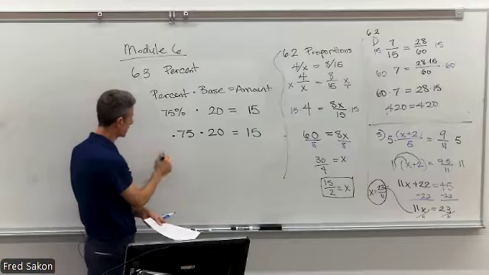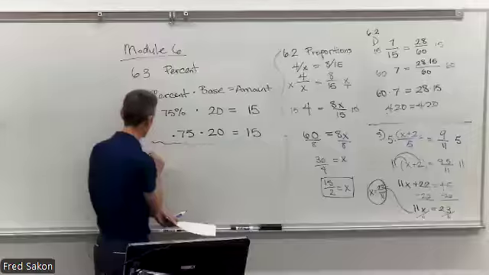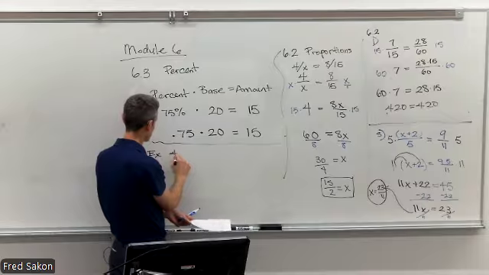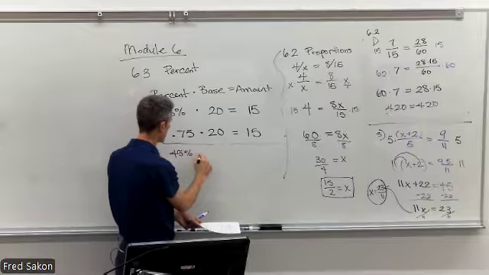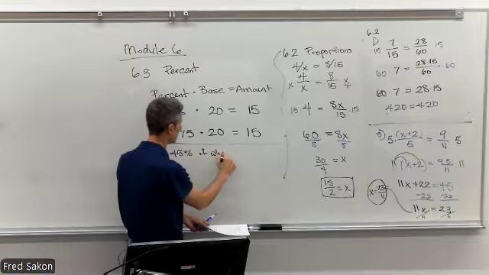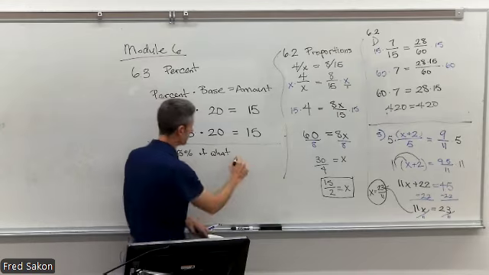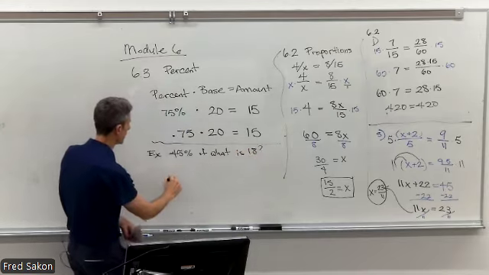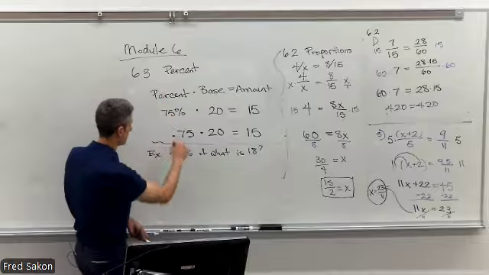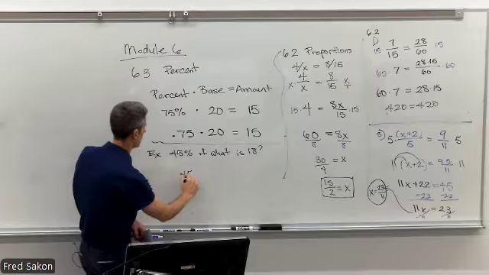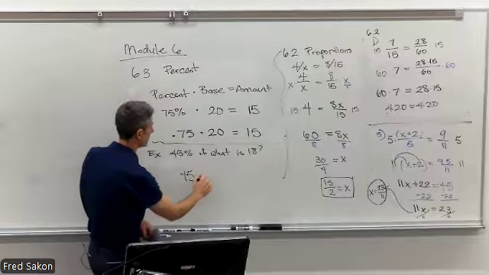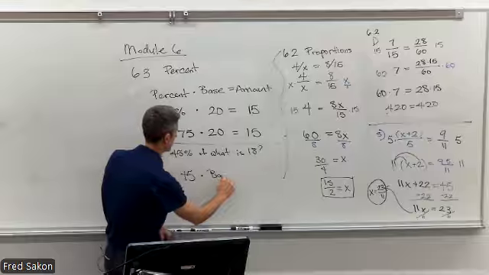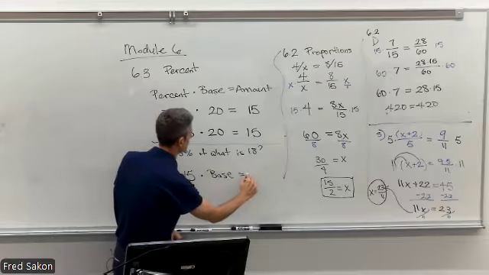Look at the first example next. It says 45% of what number is 18? 45% we have percent, 45 of what? So we don't know the base here. Is 18.